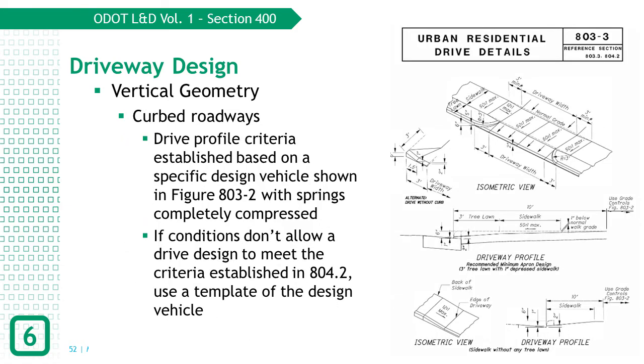Section 804.2 in the L&D Volume 1 provides guidance for residential driveway profiles on curbed roadways. These often have sidewalk or tree lawns adjacent to the roadways, and these create additional profile requirements because of the potential interaction with pedestrians and other users. Figure 803-3 provides guidance on driveway widths, profile grades, and running slopes for urban residential drive details considering the tree lawn and sidewalks.